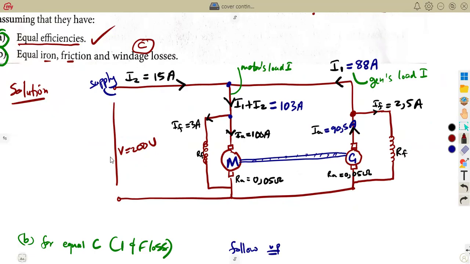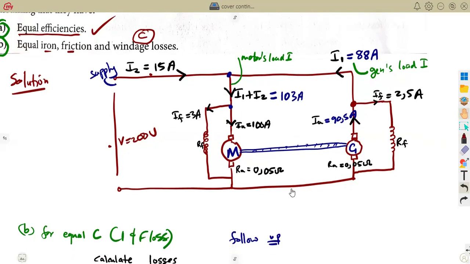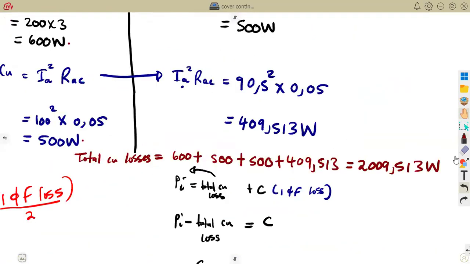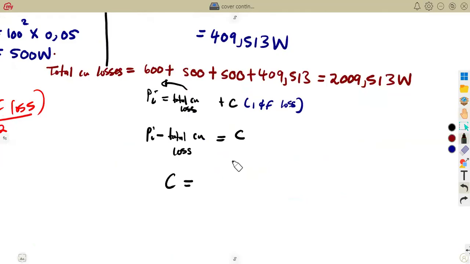So you take the terminal voltage and its load current, which is I2. So that's V times I2. So we have that one. So simply C is going to be P in, which is V times I2, minus the total copper losses.